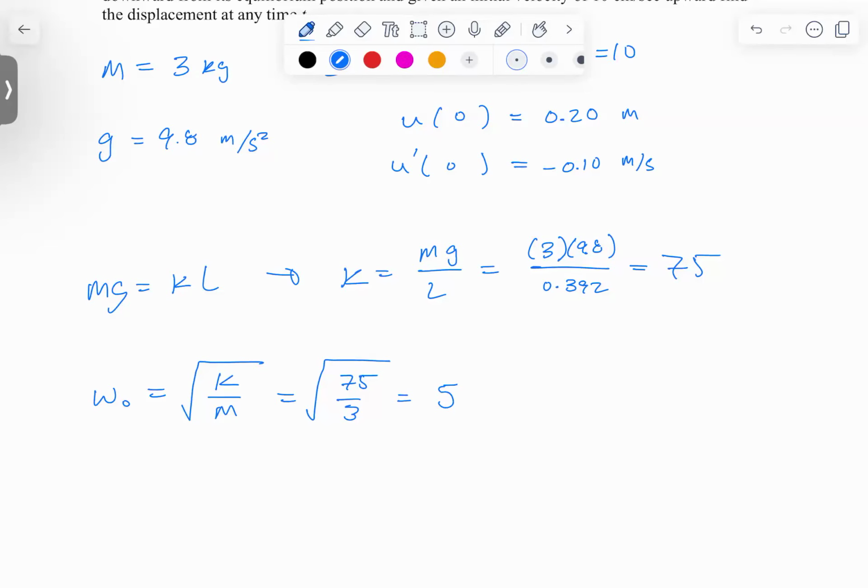Now, here's the big one, and this is what I was talking about with identifying omega. Omega equals the square root of K over M.